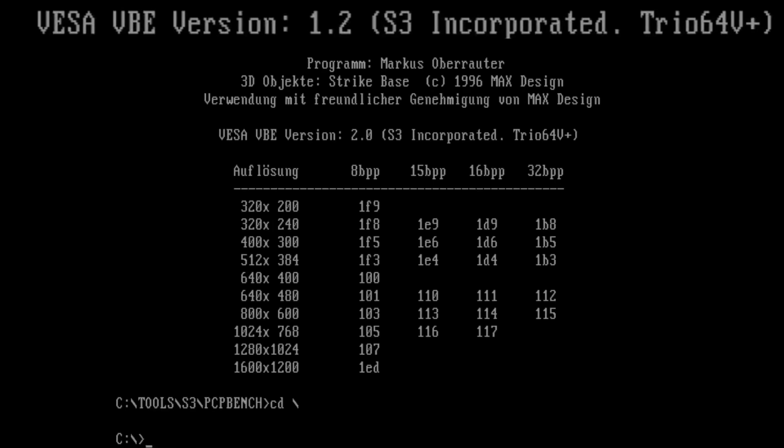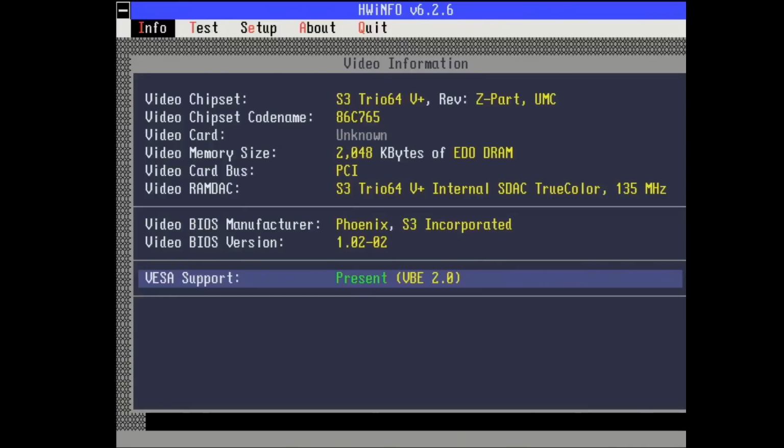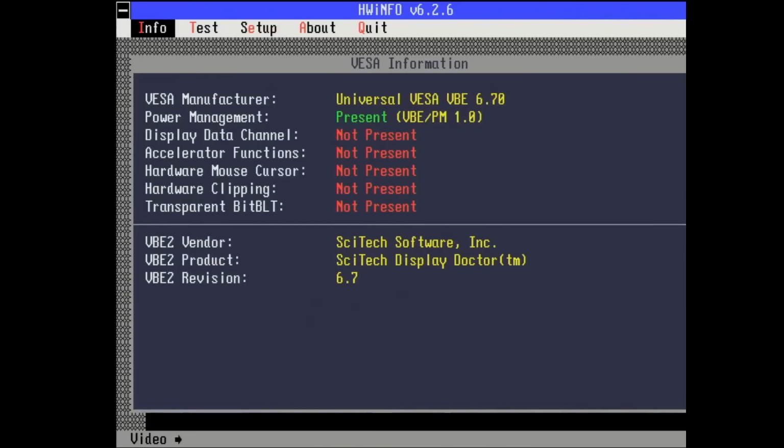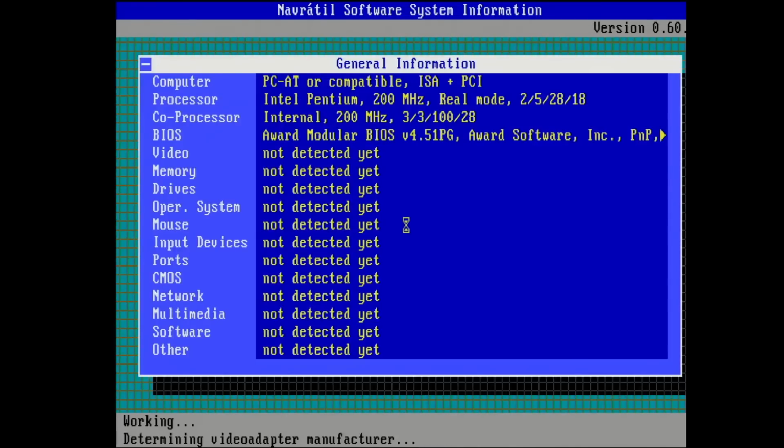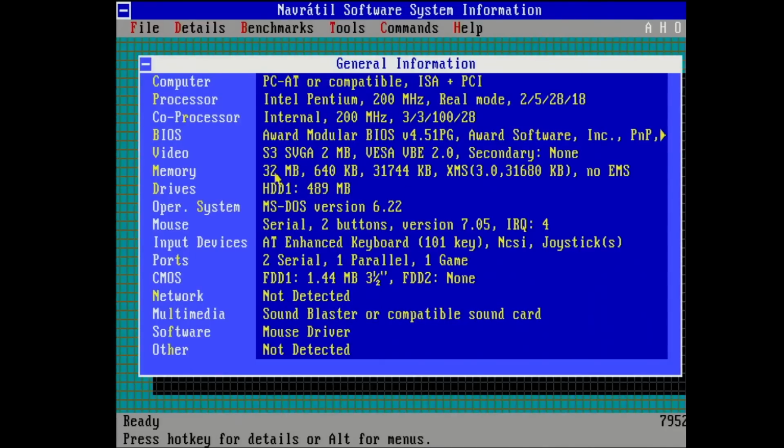Let's run hardware info. And here you see support for VBE 2.0. We didn't have that before. And we also get additional information who or what provides the VBE 2.0 support. Let's run quickly NSSI because I also used that before. So also in here, video, we have still the same, but now we have VBE 2.0.